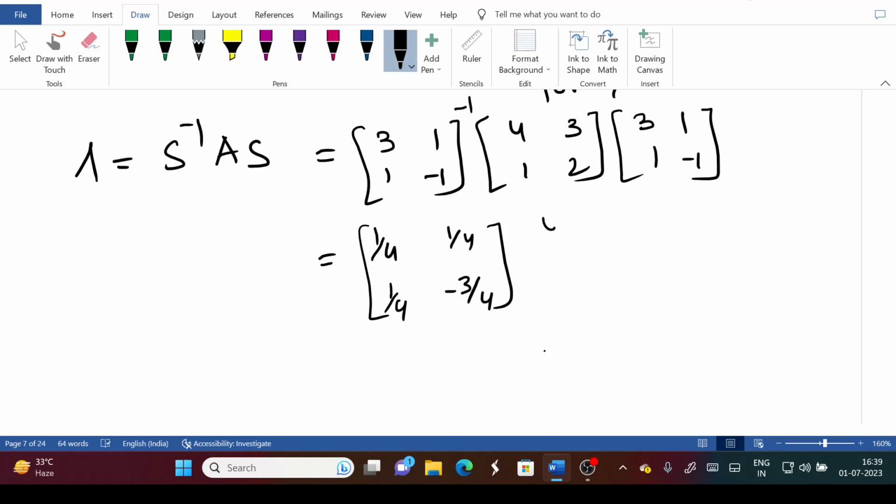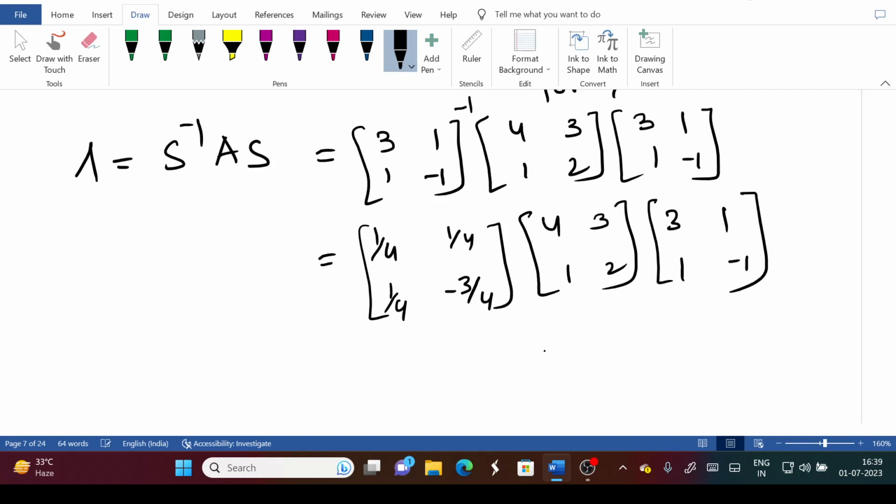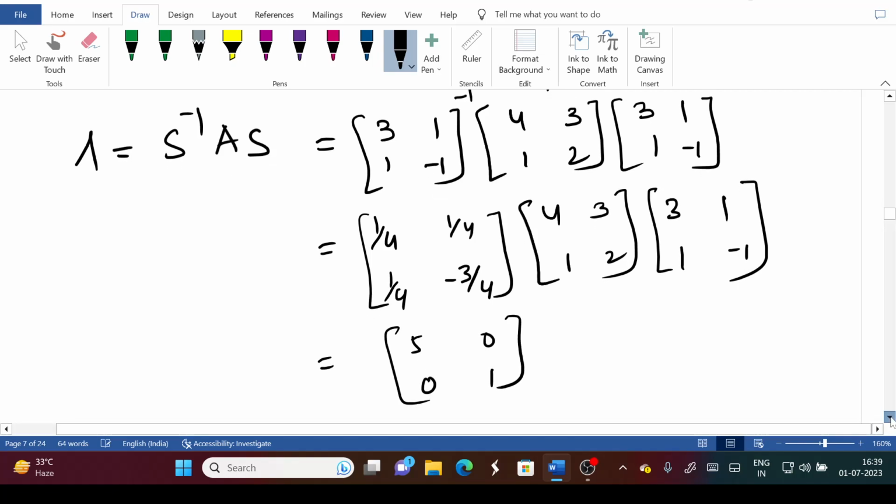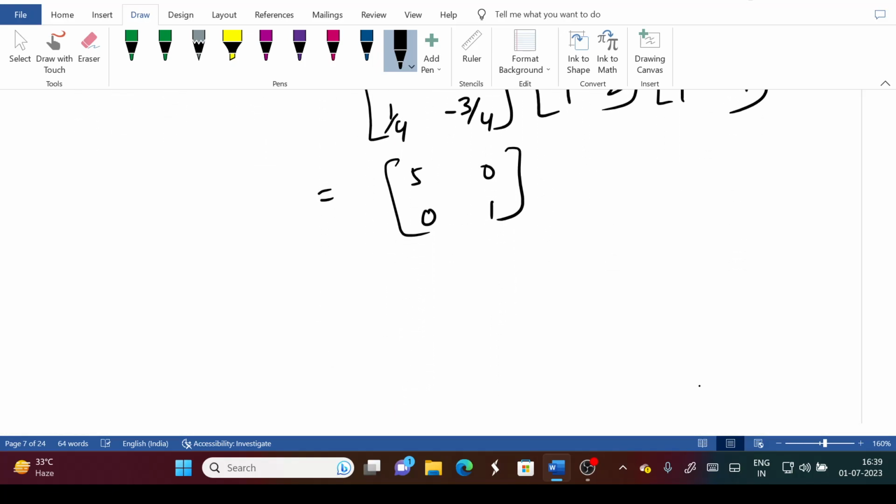This into [4, 3; 1, 2], this into [3, 1; 1, -1]. Using a calculator you can calculate, or you can observe that the value is [5, 0; 0, 1]. So this is the diagonalization of A to get our eigenvalue matrix lambda.